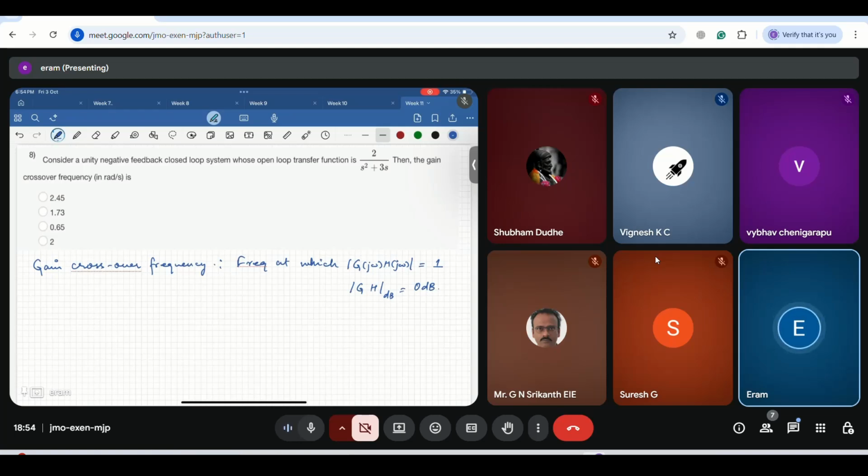So this is your gain crossover frequency. So for this transfer function, calculate the magnitude, put that equals to 1, and calculate at which frequency you will get the magnitude as 1, or if you calculate it in dB, at which frequency you are getting 0 dB. Both ways you can calculate.